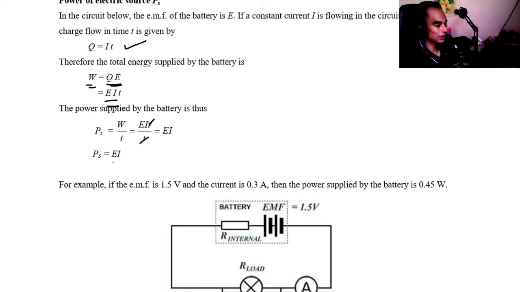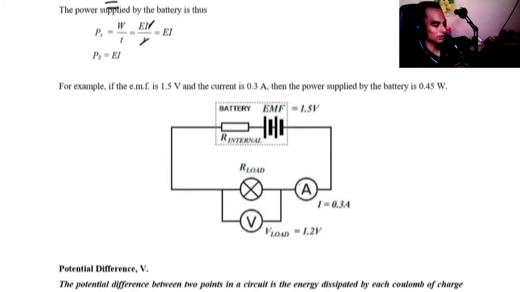Power depends on the EMF times the current. For example, if EMF is 1.5 volt and the current is 0.3 ampere, then the power supplied is 0.45 watt.